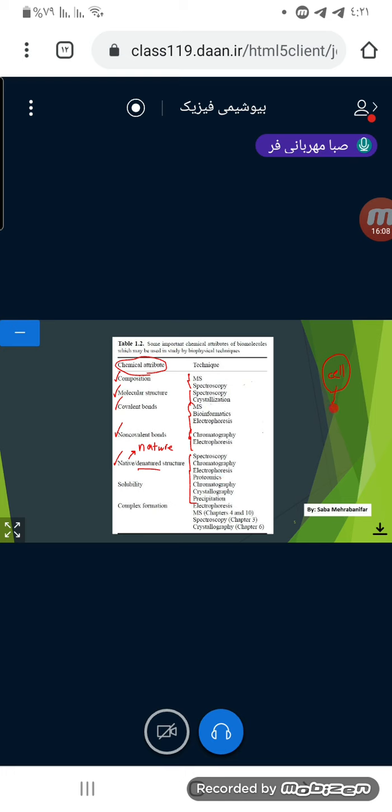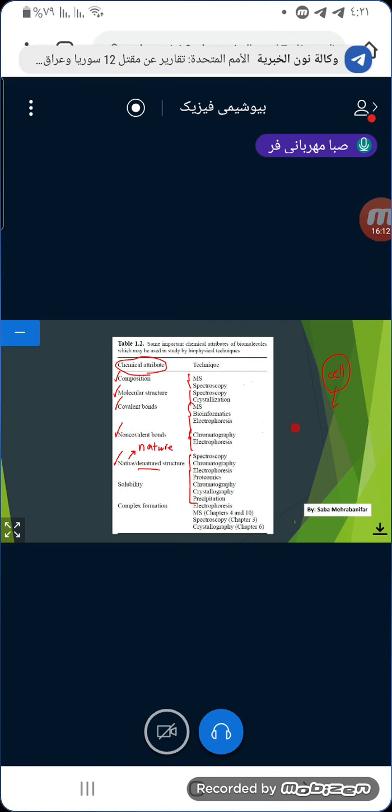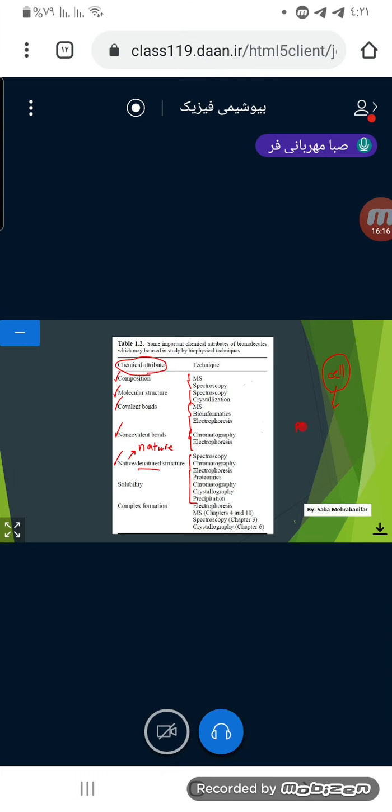Proteomics tells us the protein profile of a cell.